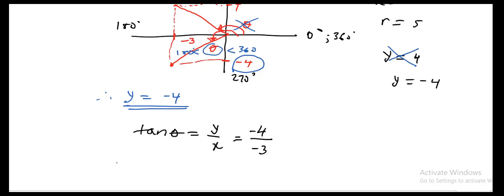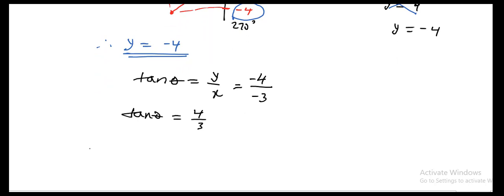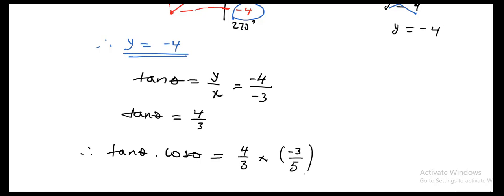Now therefore our tangent theta is 4/3. What we were looking for is tangent theta times cos theta, which is 4/3 times cos, which is negative 3 over 5.